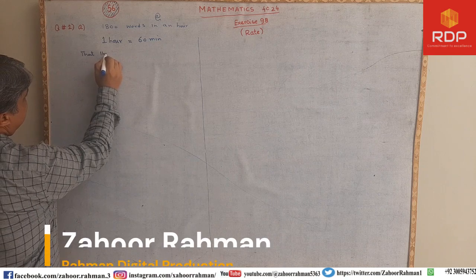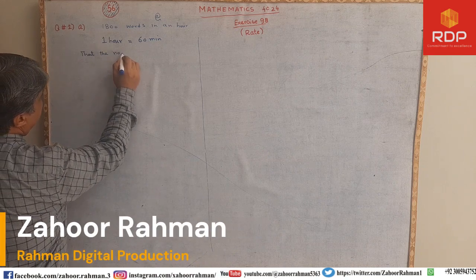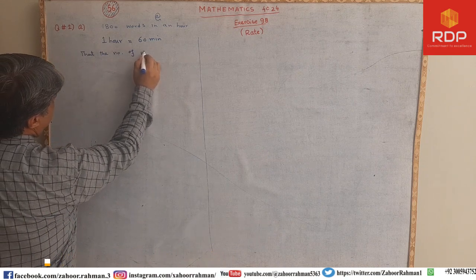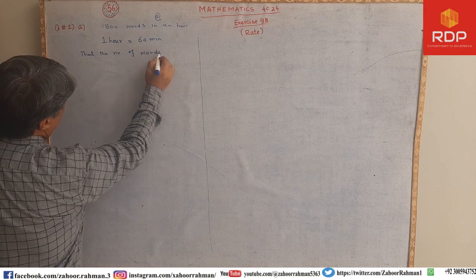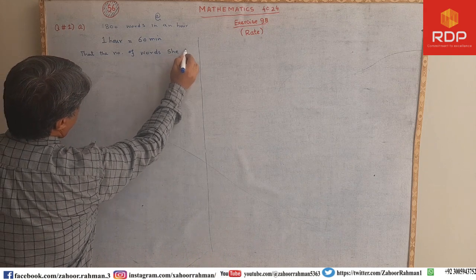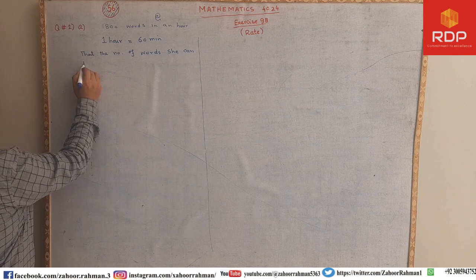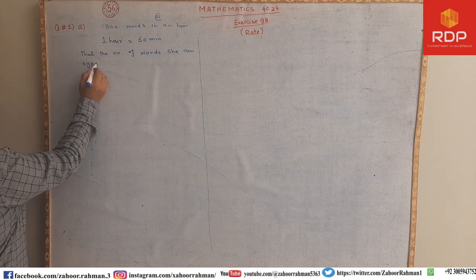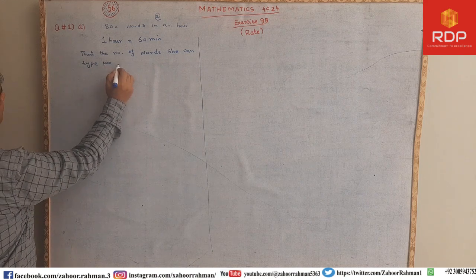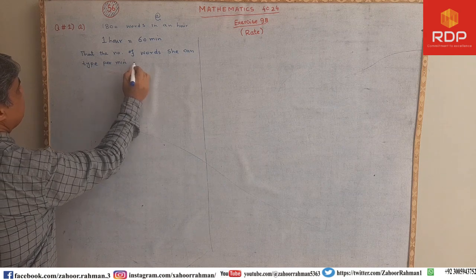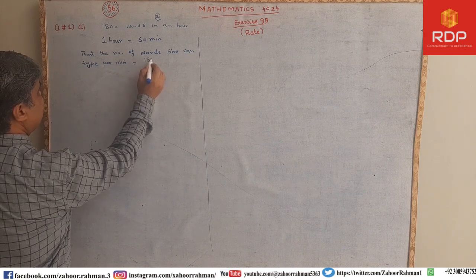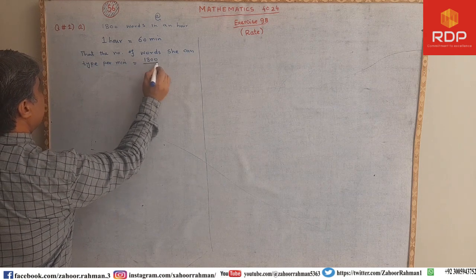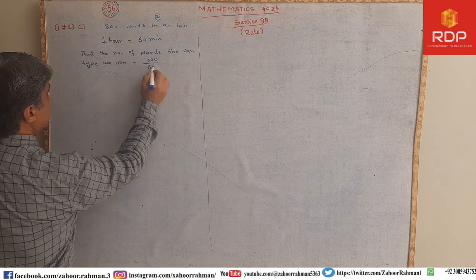So here we will say that the number of words she can type per minute is equal to 1800 divided by 60.